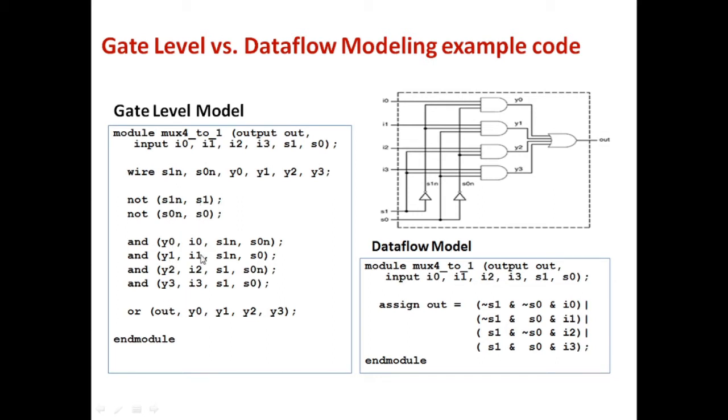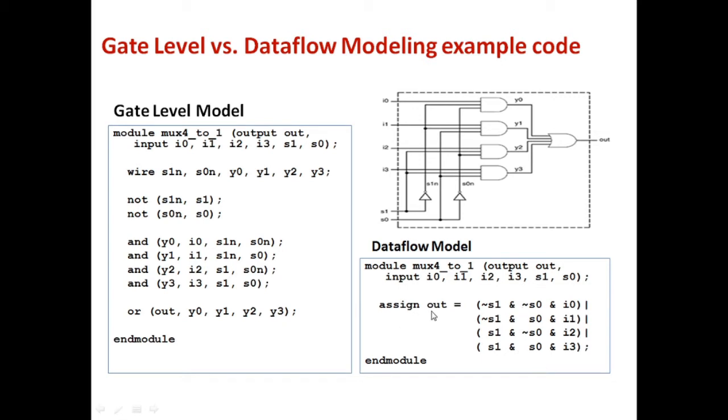If I want to develop the same design in data flow abstraction, how can I develop it? Let us see. The module is the same, with its name and arguments. Simply I have used it in one line. Of course you can find 4 lines here, but it is not 4 lines, it is simply one line.